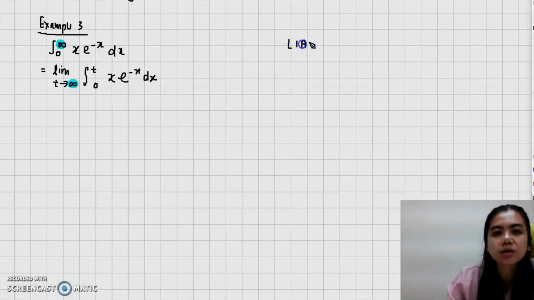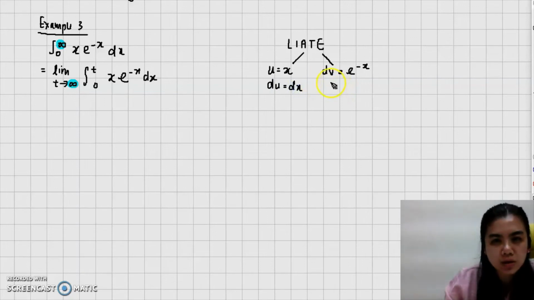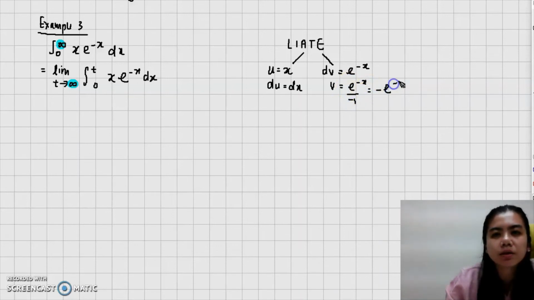So we have LATE. What do we have up here? First you have the x, algebra, so we're going to let the x as u, and we have the e^x at the back, so we're going to let the dv as e minus x. Differentiating, we have du/dx, and integrating, we have e minus x over minus 1, so it's basically equal to minus e minus x.